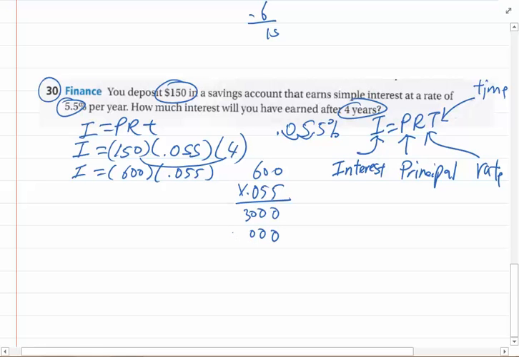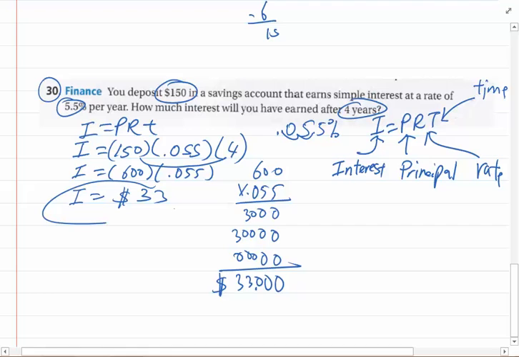Actually, they're all zeros, right? So you get 0, 0, 0, 3. Hold on. 0, 0, 0, 3, 3. And there's 3 decimal places. So your interest that you earn is $33. Okay, and it makes sense. 5.5%, $150 deposit over 4 years, you will earn $33.